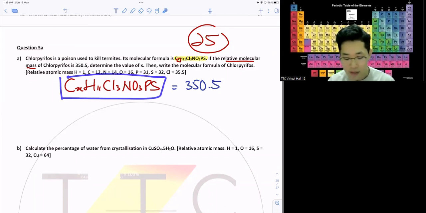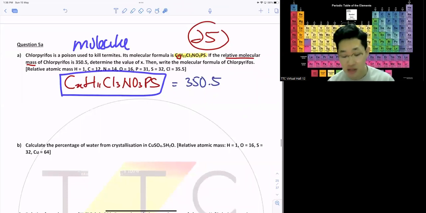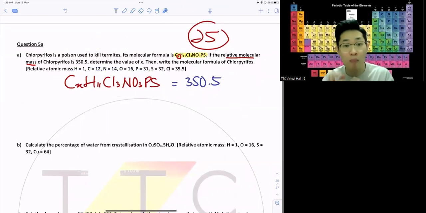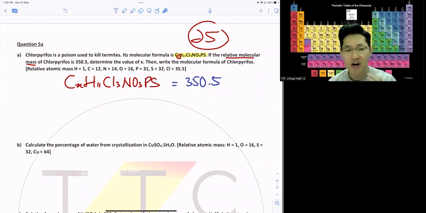This thing is a molecule. What is a molecule? Molecule means it consists of more than one element, combined together. So it's called a molecule. It has a total mass of 350.5. They want to find the value of X. How can you find the value of X here? You substitute in all the other numbers.